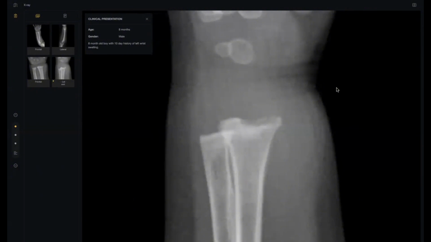Yes, Doctor. In this lateral view, I'm able to appreciate the epiphysis of the radial bone appears to be depressed with lytic change at its articular aspect. So tell me, is this an aggressive or benign process?